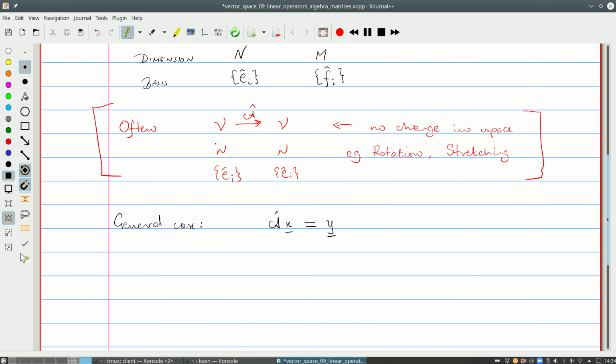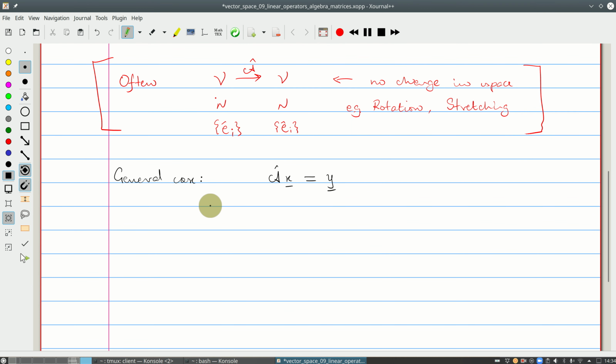Now let's write down expansions for each of these vectors, x and y. x belongs to V. Therefore, when we expand x in the basis set, it will look like this: the sum, i goes from 1 to n, x_i e hat i.